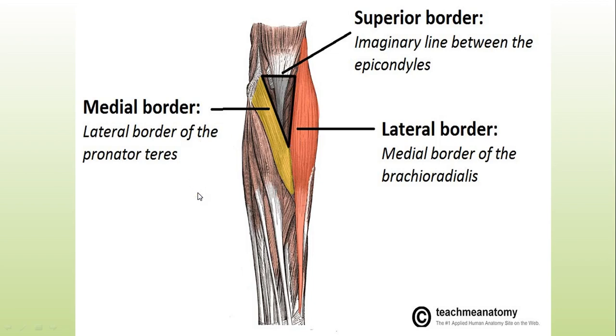We can put a question: which of the following muscles forms the lateral border of the cubital fossa? Your answer should be brachioradialis. Which of the following muscles forms the medial border of the cubital fossa? Your answer should be pronator teres muscle.